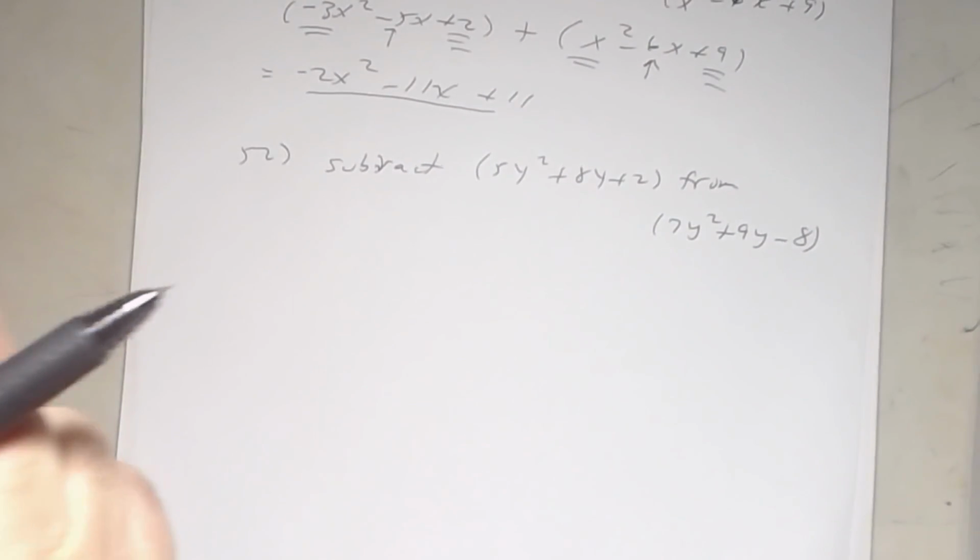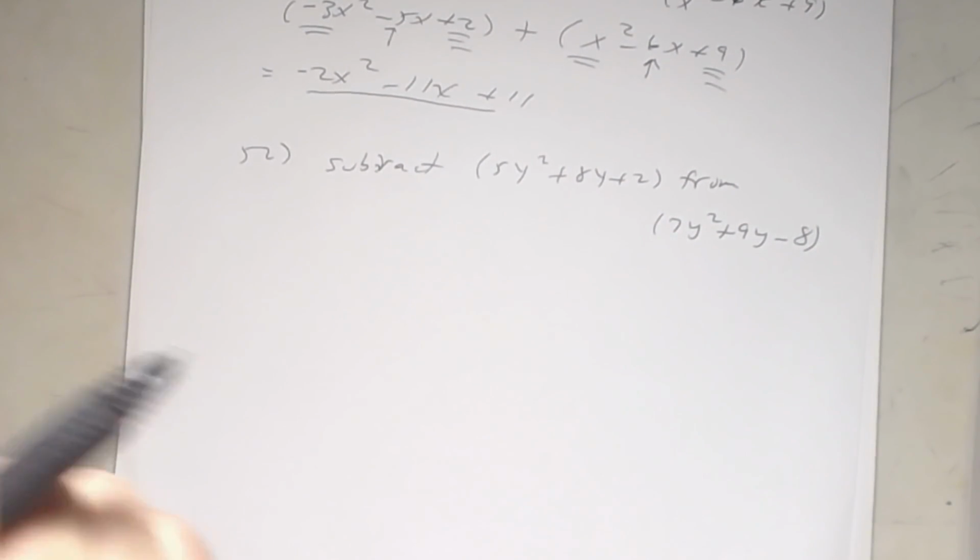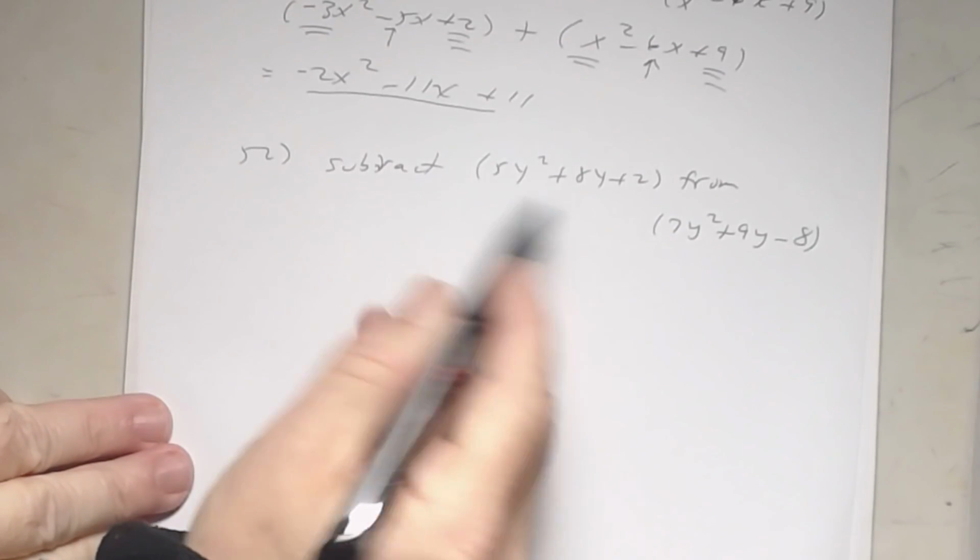Now, this time you're subtracting from. Which polynomial must you write first? The second one, the 7y squared. So remember, subtraction is not commutative, so the order does matter. So you have to put the second one first.